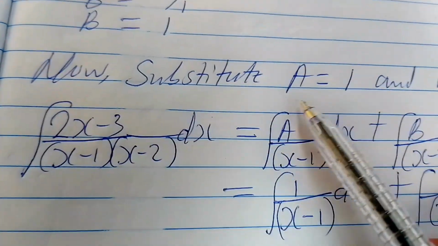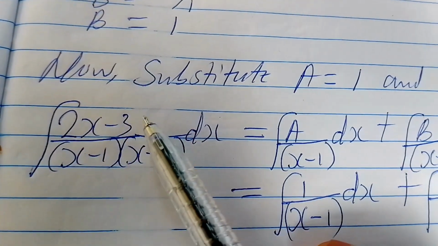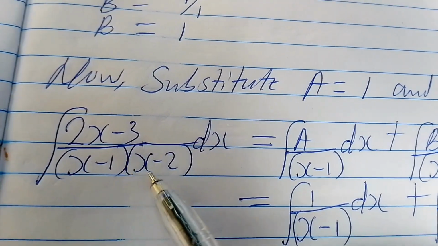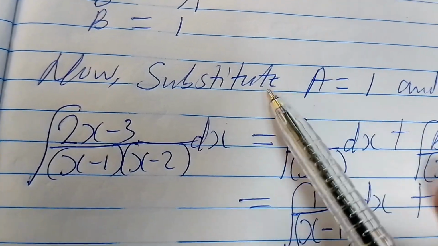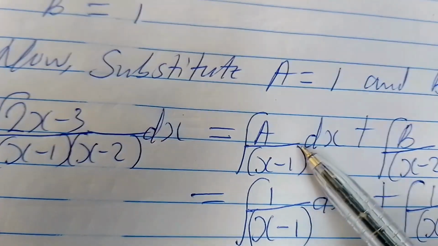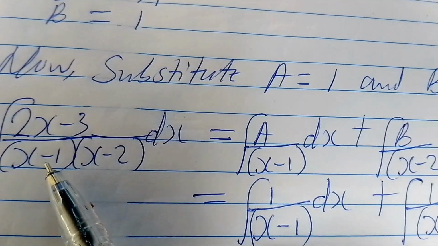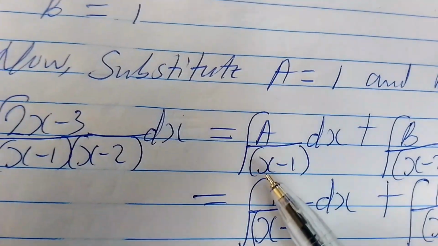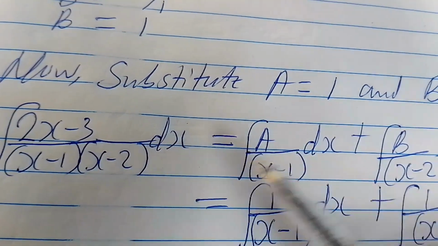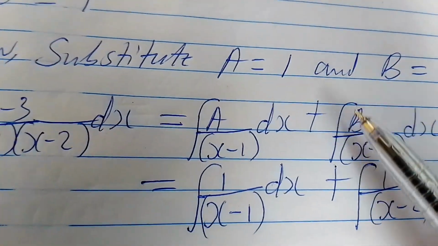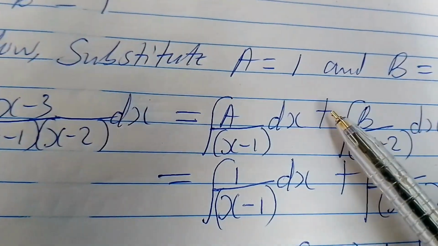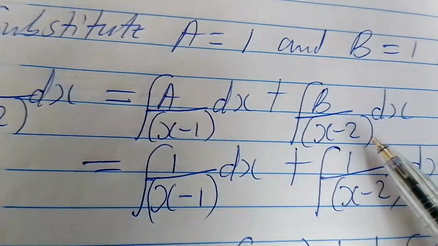You know that what we had initially was the integral of 2x minus 3 all over x minus 1 bracket x minus 2 dx. We put it into a partial fraction decomposition by assuming the first denominator is a all over x minus 1 dx, plus b all over bracket x minus 2 dx.